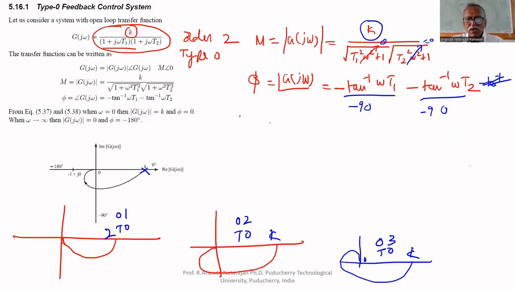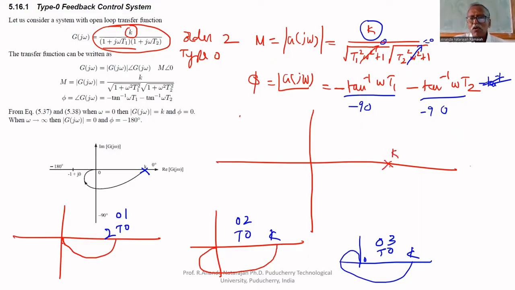So I want to draw a type 0 fourth order system. It starts at K, open loop gain K. Third order ends here; fourth order will end here. This is the frequency response, a rough plot without mentioning the magnitude. That's all.